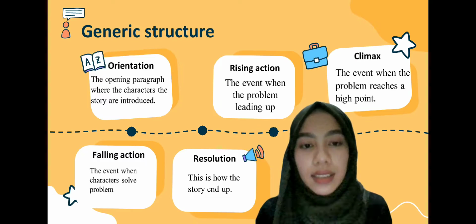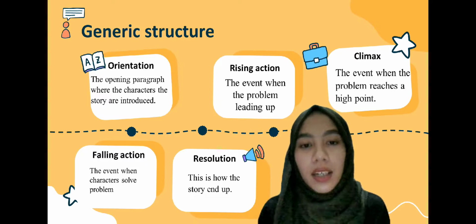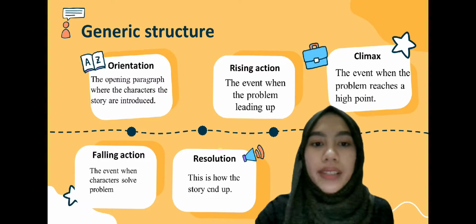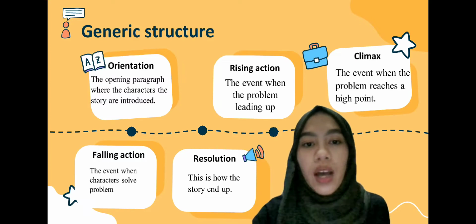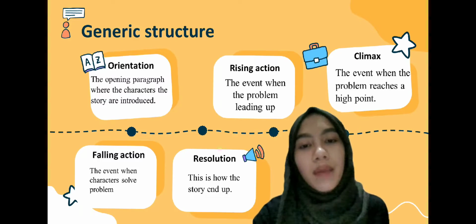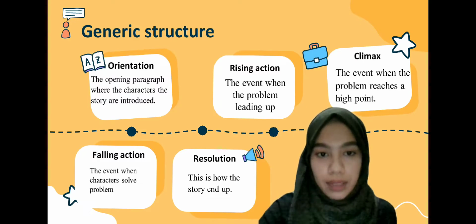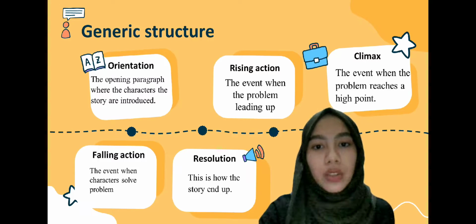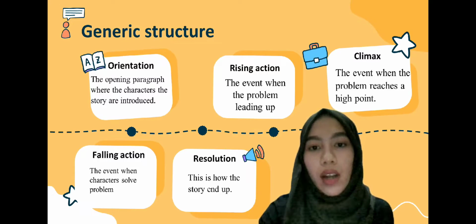And last is falling action. Falling action is the event when the character solves the problem. The falling action of a story is the section of the plot following the climax in which the tension stemming from the story's central conflict decreases and the story moves toward its conclusion. Falling action is just one part of the structure of a story's overall plot.